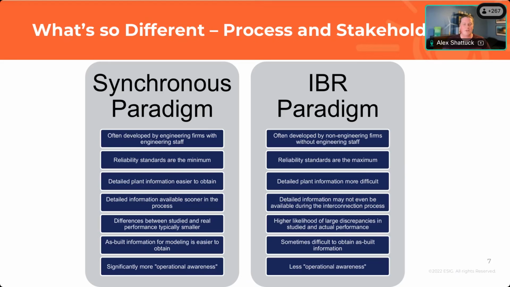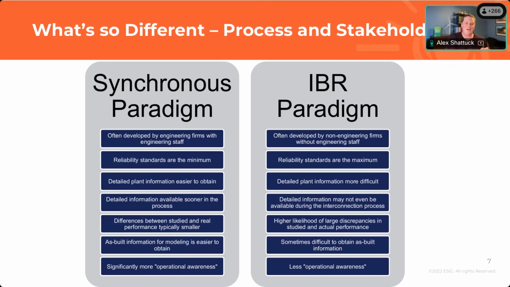Detailed plant information is much more difficult. The interconnection process for inverter-based resources happens relatively quickly, sometimes before even the developer has picked a manufacturer, just by virtue of the process. That coupled with the fact that one specific inverter-based resource might have one platform but 10 different software versions.